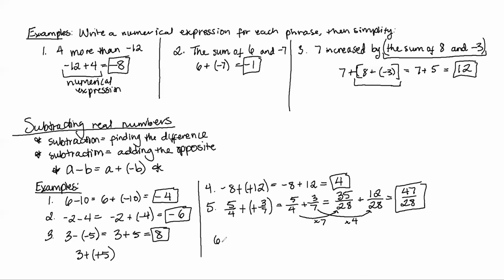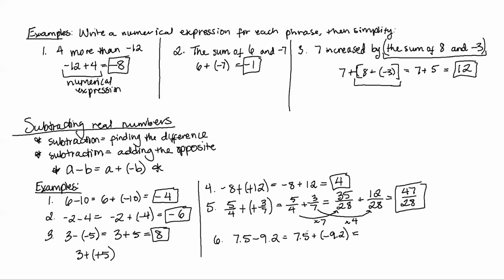All right, and then our last one here, we have 7.5 minus 9.2. For this one, we're just subtracting a positive number here. So I'm going to change it to adding the opposite. So 7.5 plus the opposite of 9.2.